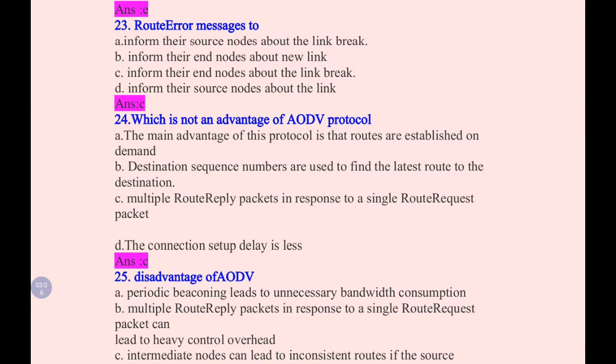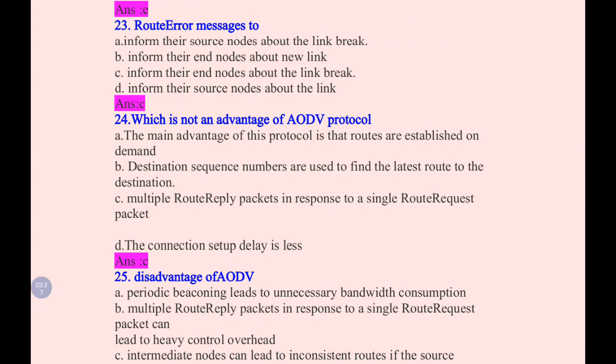Second is the destination sequence numbers are used to find the latest route to the destination. That is also correct. And choice C is the multiple route reply packets in response to a single route request packet. And fourth choice is the connection setup delay is less.